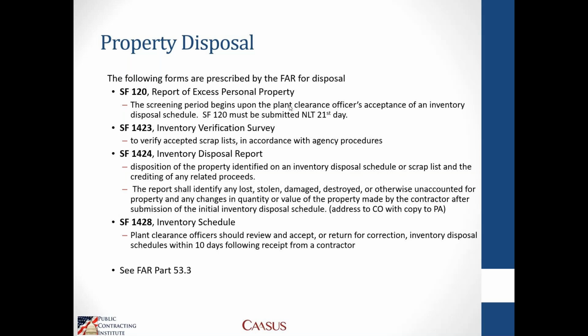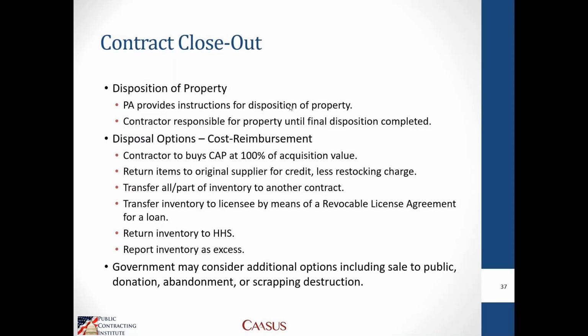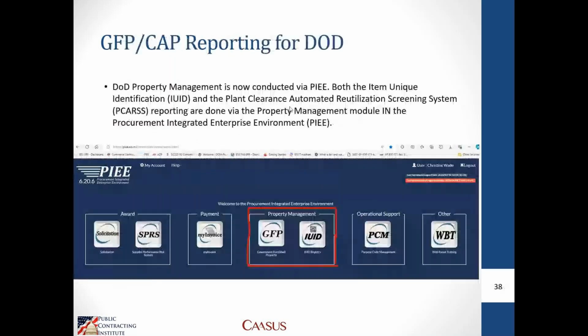For example, PI for closeout, both government furnished property and contractor acquired property is what used to be PCARs, and also government furnished property that was reported to the IUID registry. These registries are both now located within PI, which is the Procurement Integrated Enterprise environment that most DoD contractors are familiar with. So those are reported directly through PI.